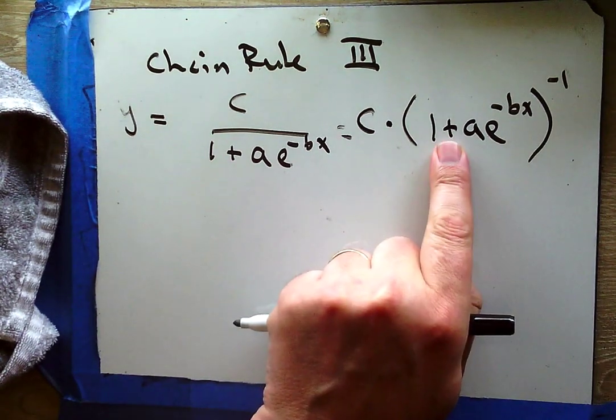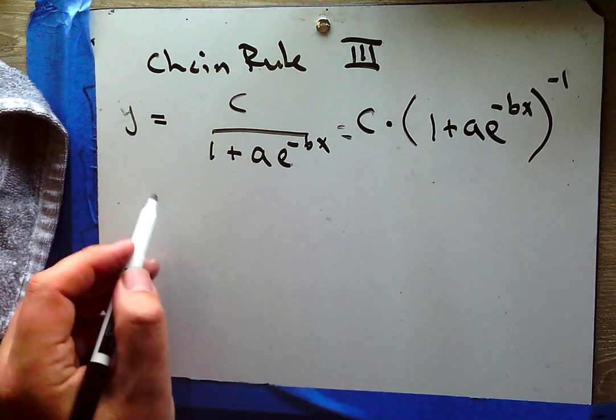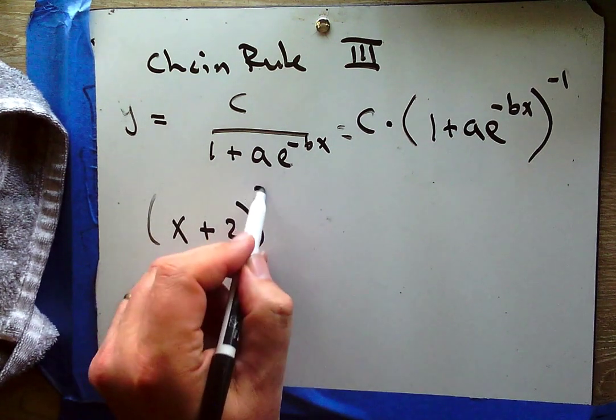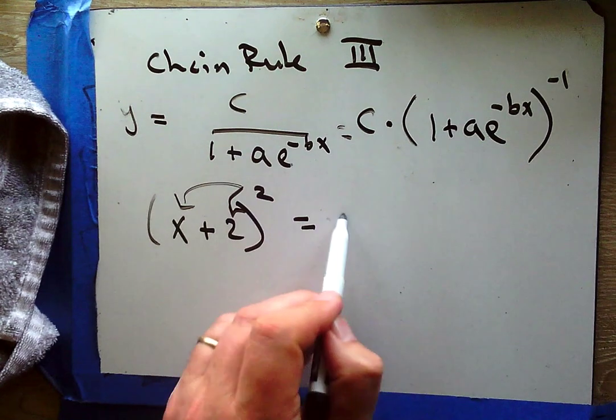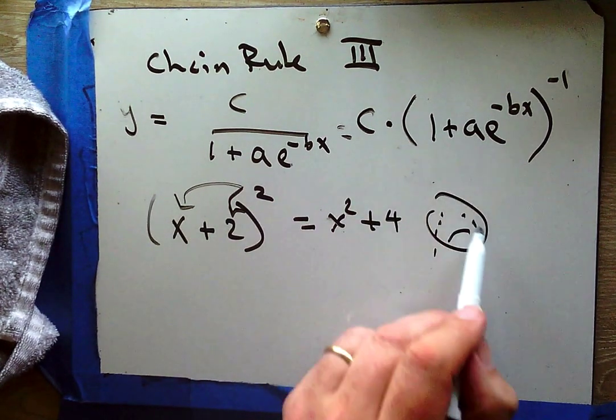Now here's the thing. See that plus sign? You can't apply this negative 1 to each of those. If you do, that's the same as being this student who says, oh, that's going to be equal to x squared plus 4, at which point you cry.